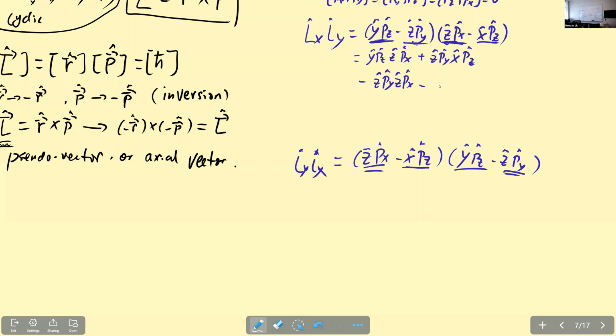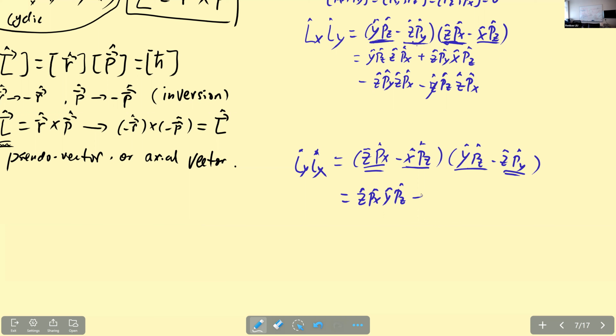Okay, and then minus Y Pz and Z Px, right? So you do the expansion, and this one you have Z Px Y Pz, okay?